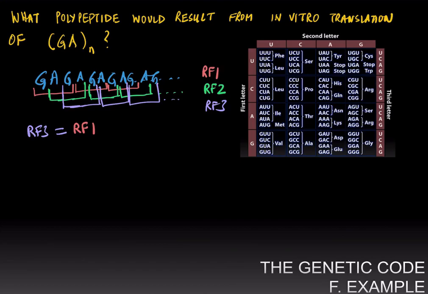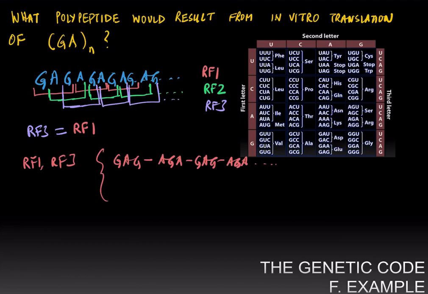And let's see what reading frame 1 or reading frame 3 amino acids are going to be. Well, our codons are alternating between GAG and AGA, and so on.